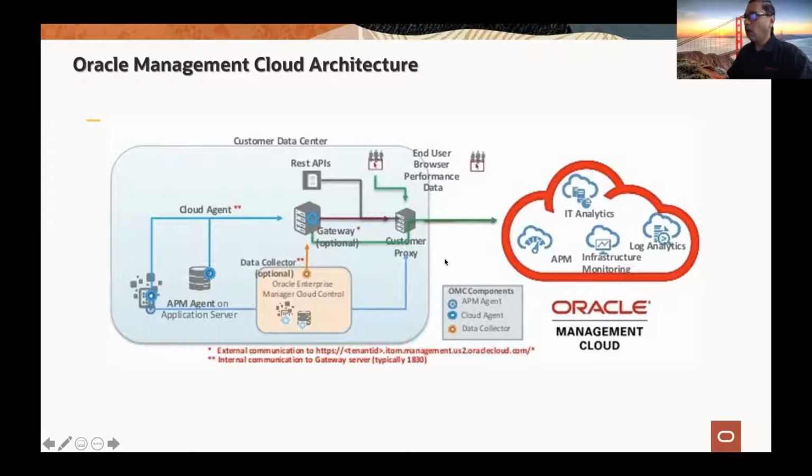That will pull all the data, and everything else that I have mentioned is done on the management cloud. All the machine learning, data collection, data storage, analysis, everything happens on the management cloud. And this is available across all the data centers in Europe and Middle East.